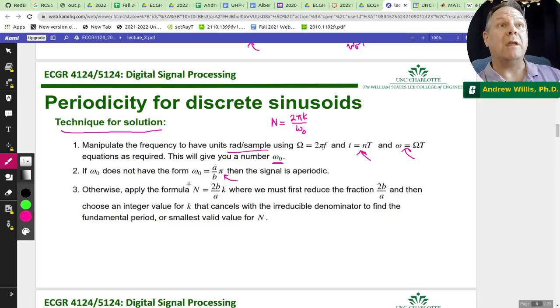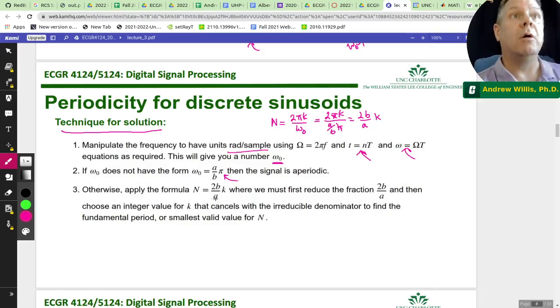Now, if omega naught is represented as a rational number times pi, then we just plug that into our equation. We say 2 pi k over some rational number, a over b, times pi. The pi's cancel, and we get 2 times b over a times k.